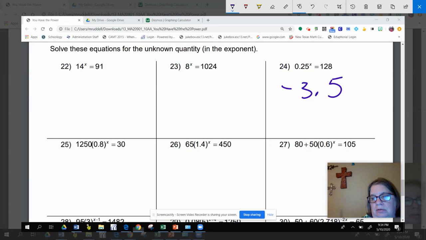Really easy. Okay, now this one, what's different? There is a number in front. Now, what's going to happen to this x guy? This x is going to go, so that's just going to be 12. Let me make sure this works out right. 1250 x log 0.8 equals log 30.